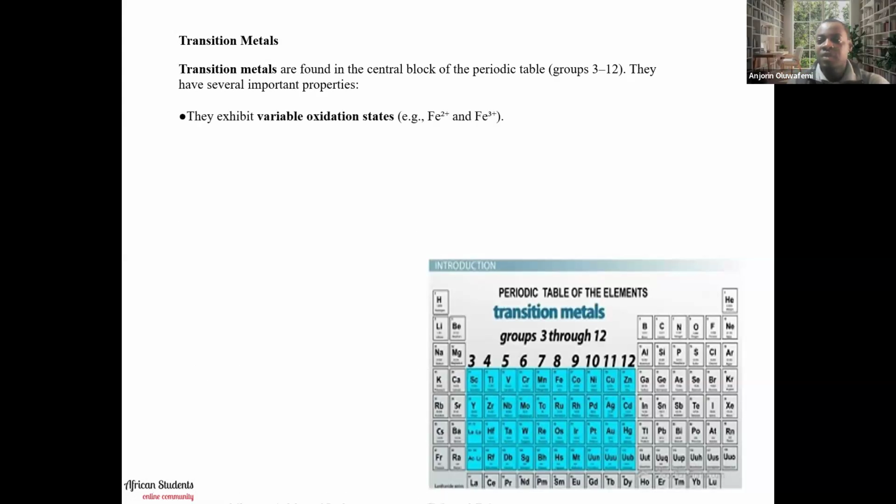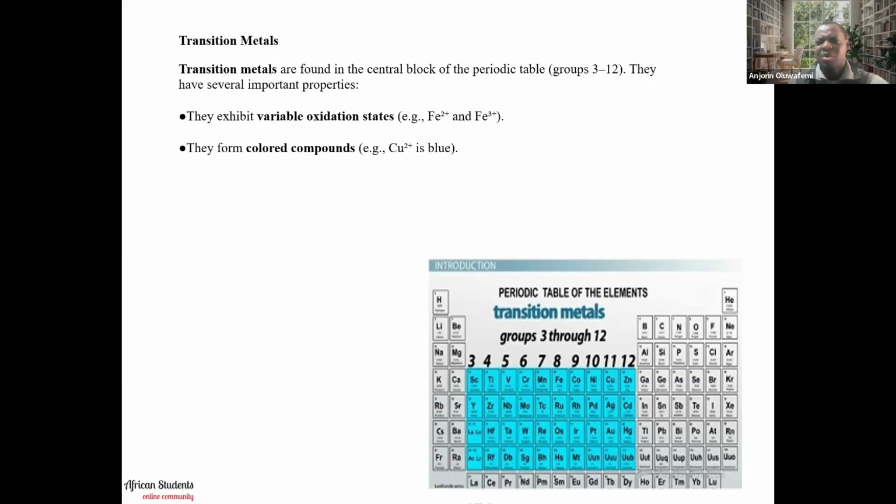One of the properties of transition elements is that they exhibit variable oxidation states. They can exist in multiple oxidation states. For instance, iron can exist in a +2 and a +3 oxidation state. Also, they form colored compounds, for example copper(II) is blue.